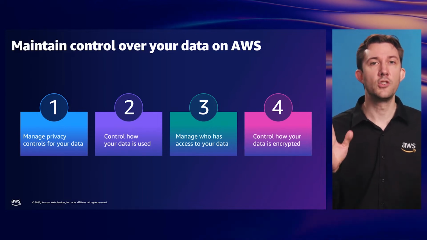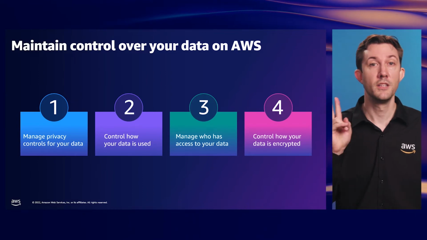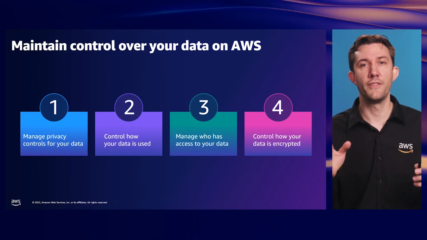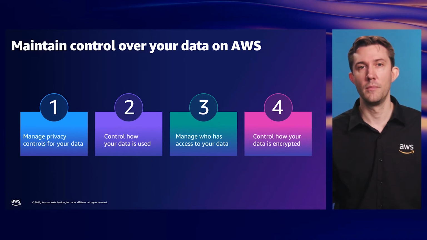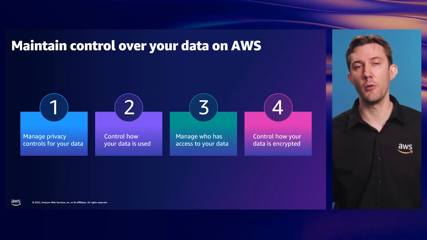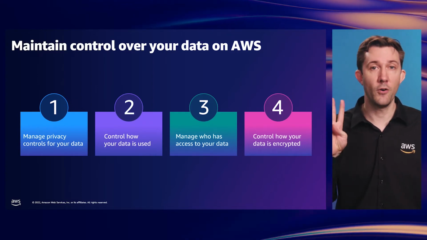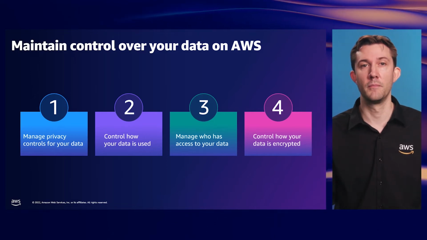Firstly, ensure you have appropriate privacy controls around your data. Secondly, set or define controls for how and where your data is used. Thirdly, manage and limit access to only appropriate people. And fourthly, ensure that appropriate encryption is used with your data.